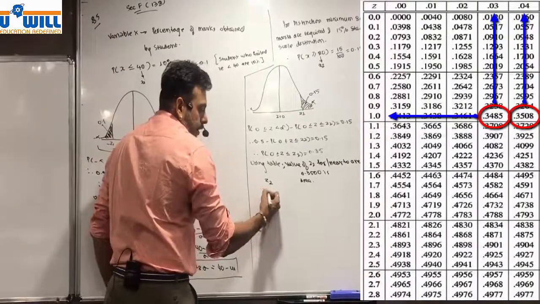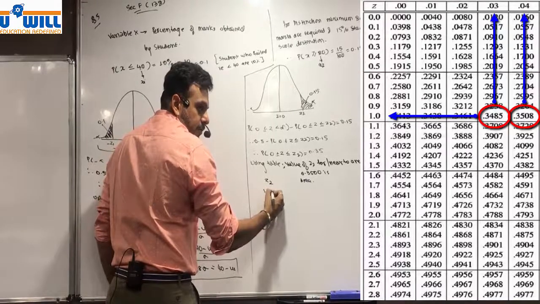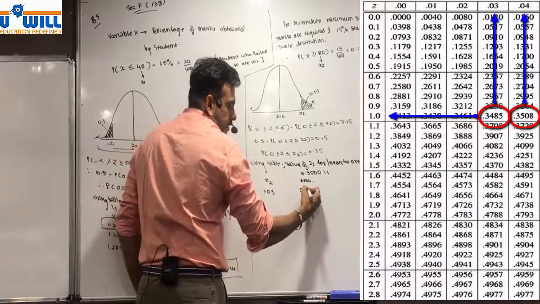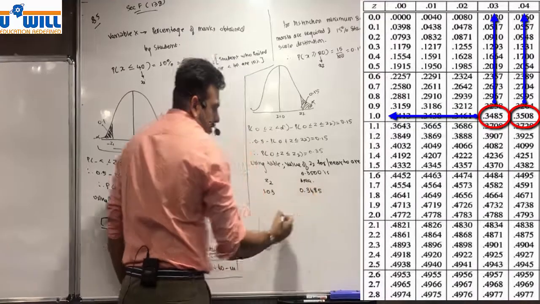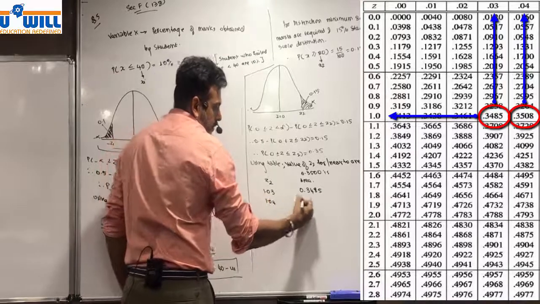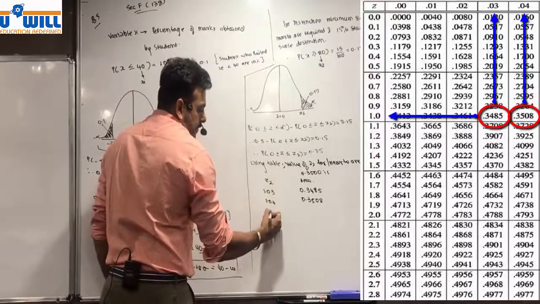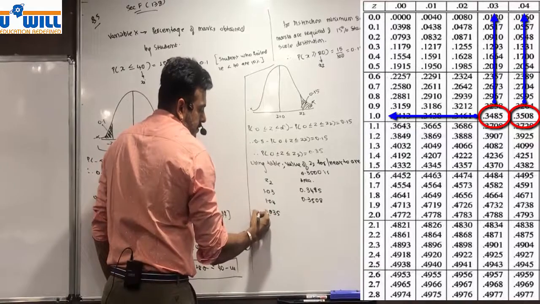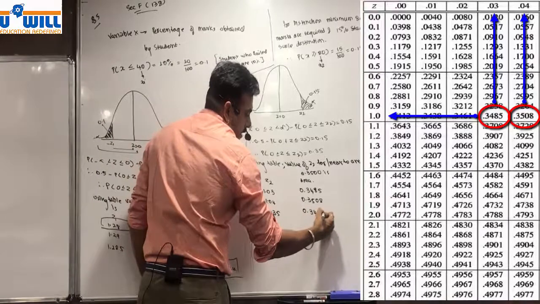Z2 is 1.03, area is 0.3485. Okay, 1.04, 0.3508, and 1.035 average 0.3497.